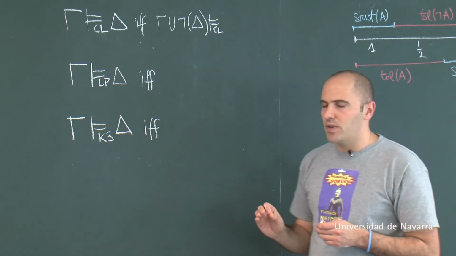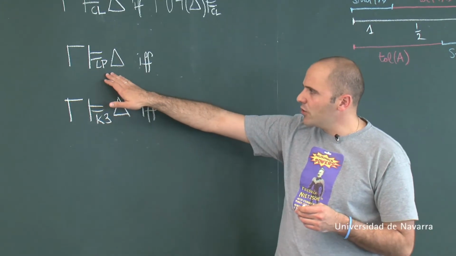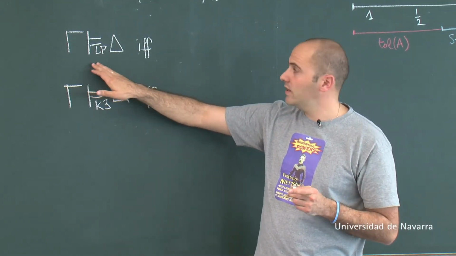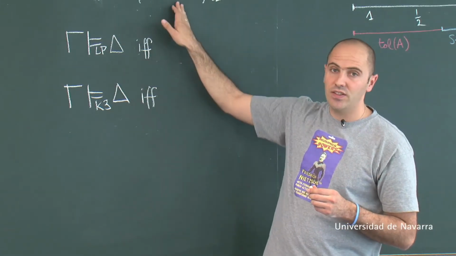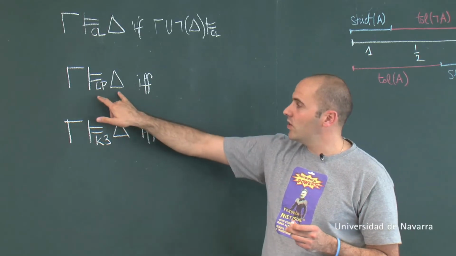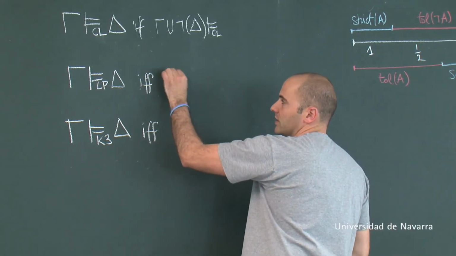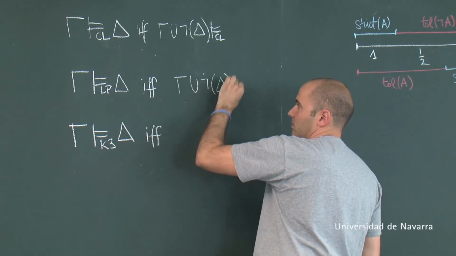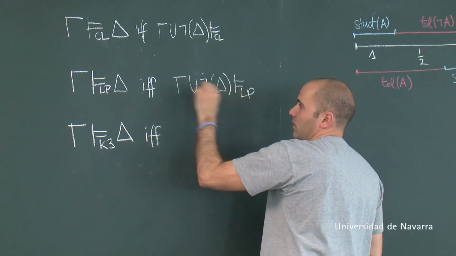Now consider what happens in this case. So recall that LP is empty on the left, right? So in general, this same pattern won't reproduce here, right? So we won't have this equivalence. Right?